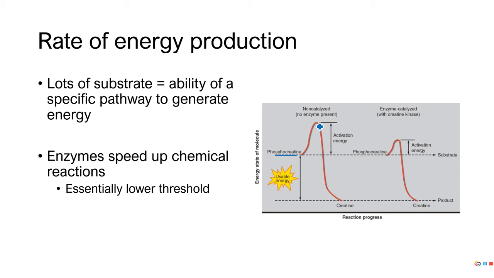Just like you can't start an engine without there being gas in it, we've got to give it the gas so that it can do what we need. And ultimately, we can produce X amount of energy. Now, compare no enzyme to if we do have an enzyme. Look at how much energy is required to start the engine, per se.